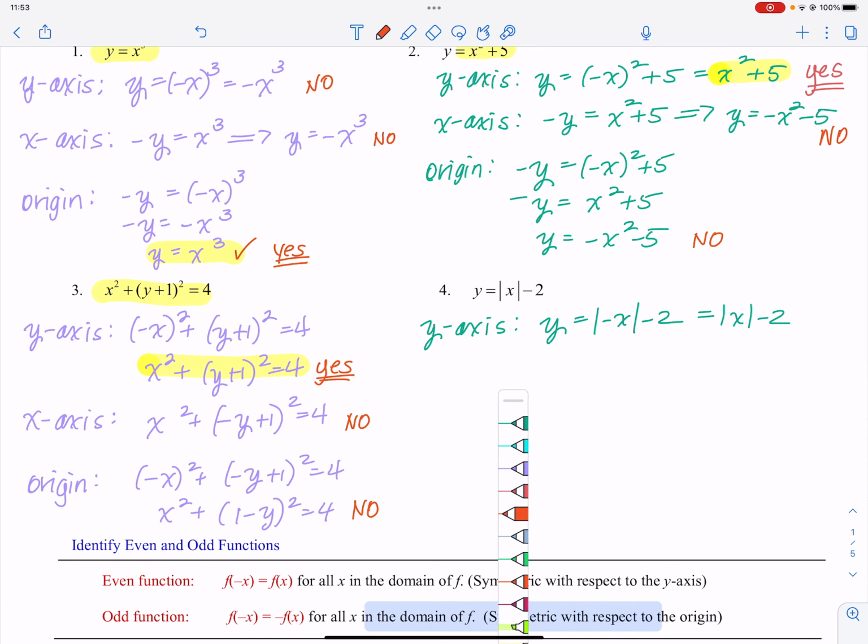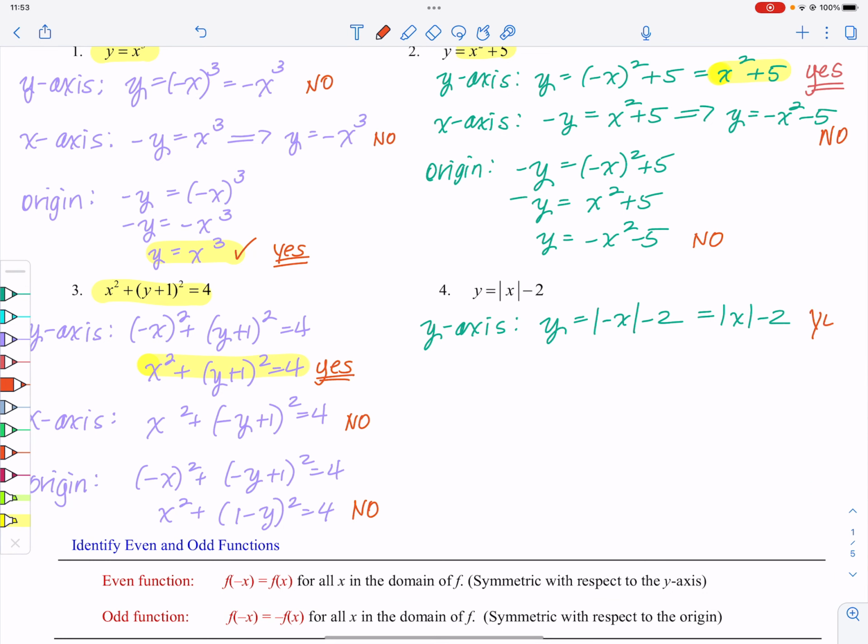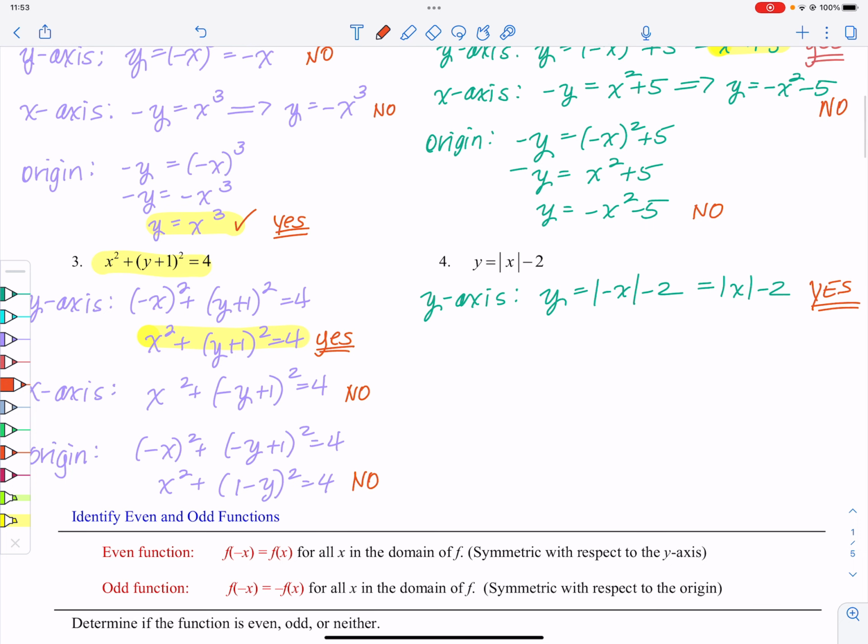That is what we started with. Okay, and symmetry with respect to the x-axis, and here we'll replace y with negative y, and then we have y equals the opposite of the absolute value of x plus 2, and that's a no.